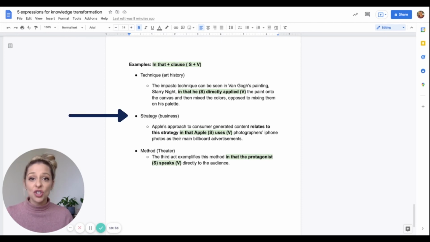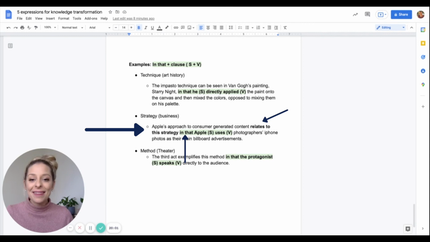Let's take a look at our business example. So we're going to use the word strategy here. Apple's approach to consumer-generated content relates to this strategy, in that Apple uses photographers' iPhone photos as their main billboard advertisements. So we have relates to this strategy, in that, and then what they did that used the key term from your class.